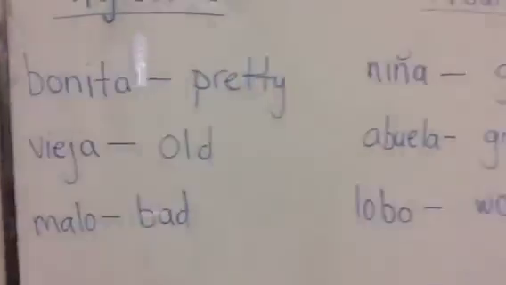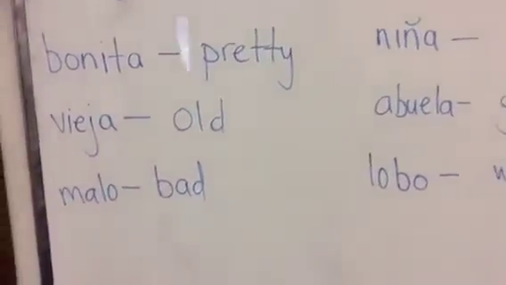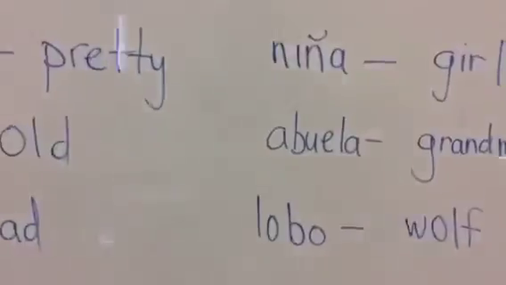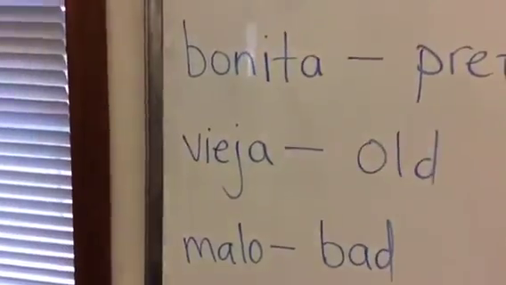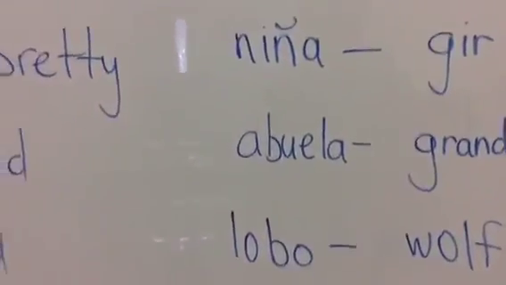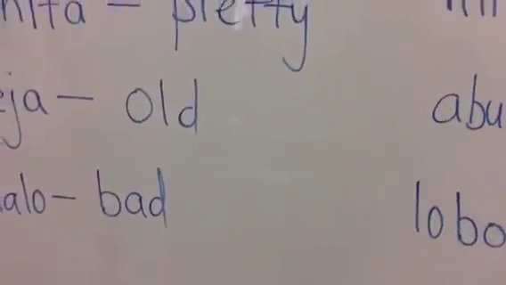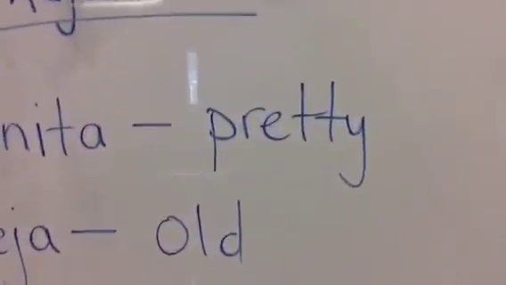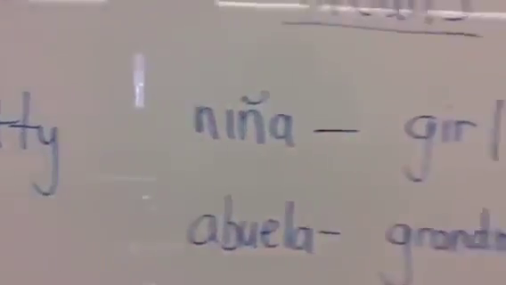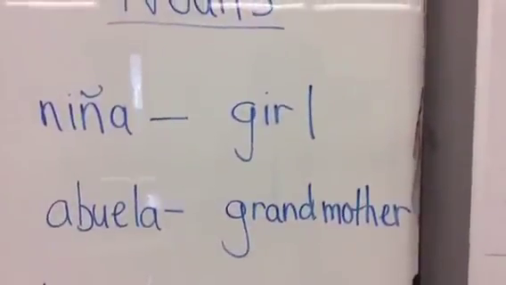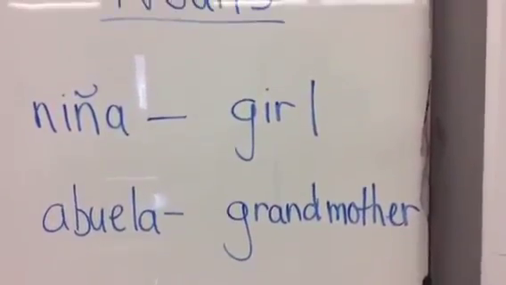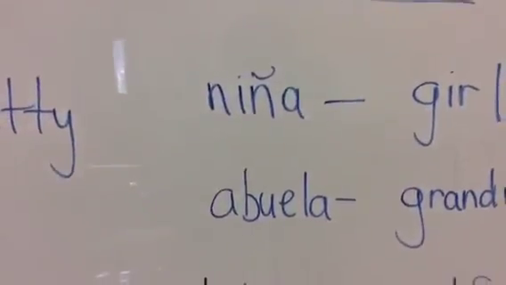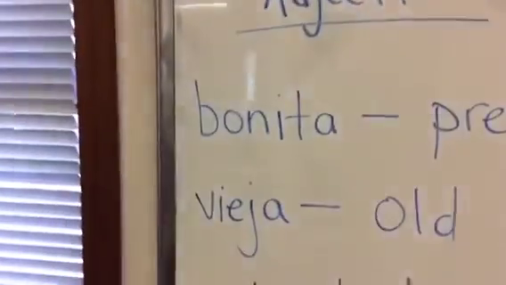Something else that's interesting about Spanish is that the adjective comes after the noun. So for instance, in English, we would say pretty girl. But in Spanish, it would be niña bonita.